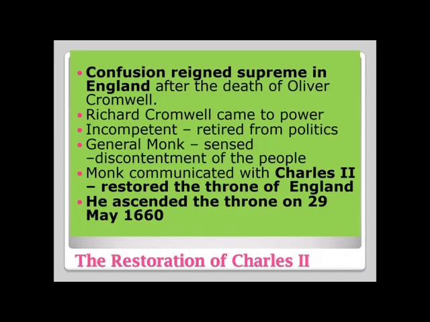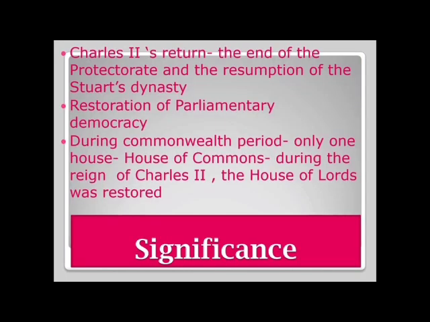So General Monk sensed the discontentment of the people and communicated with Charles II. So Charles II restored the throne of England. He ascended the throne on 29th May 1660. That starts the Restoration of England during the period of Charles II.